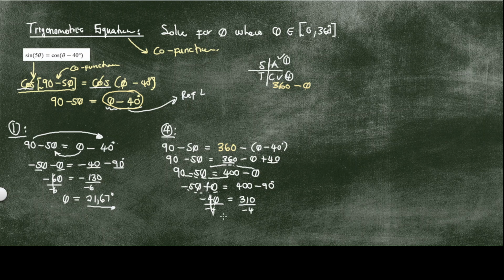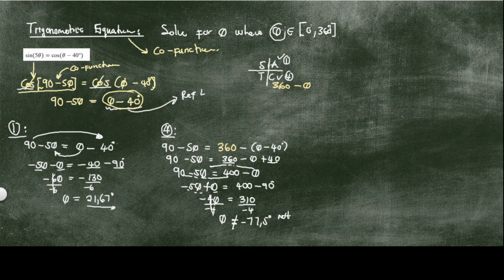Then theta is equal to, what's the answer? Negative 77.5 degrees. Actually, this shouldn't be a solution. You know why?